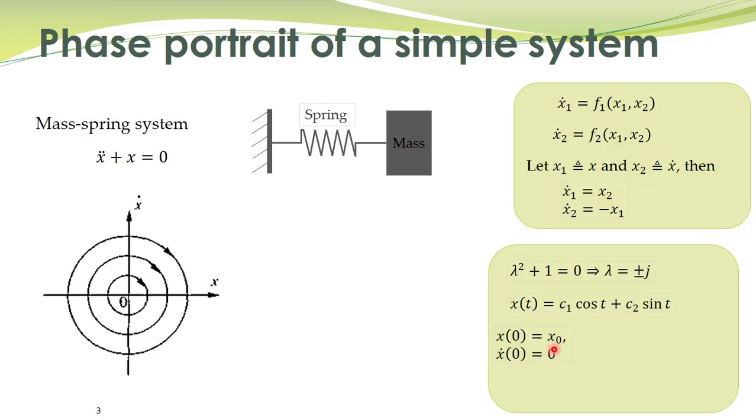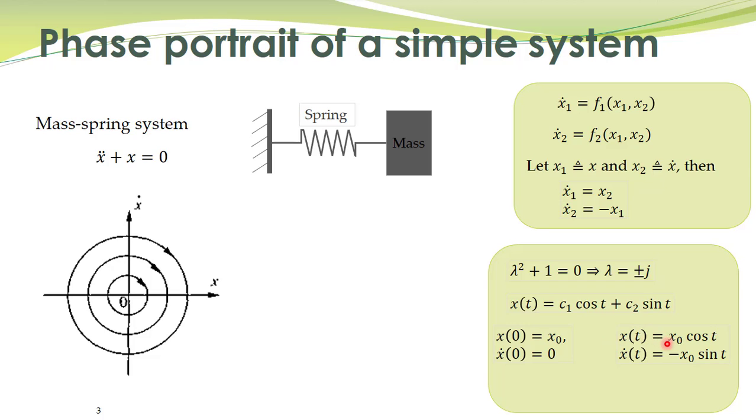For these initial conditions, what do we get? What are C1 and C2? For example, if we substitute x of 0 equal to x naught, what is cos of 0? That is 1, and sine of 0 is 0. Then C1 comes out to be equal to x naught.